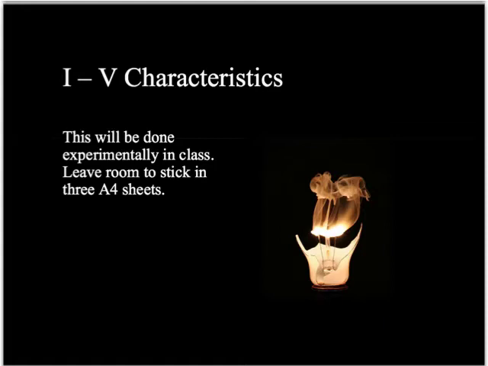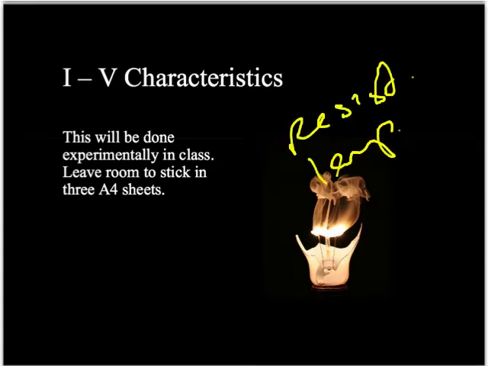So in class we're going to do some IV characteristics of three things. We're going to do a resistor, a lamp, and a diode. How should they really look? Okay, so the first one, let's do a resistor.